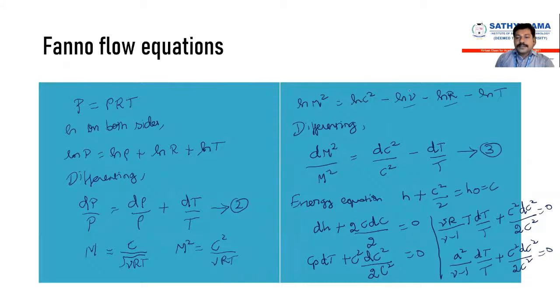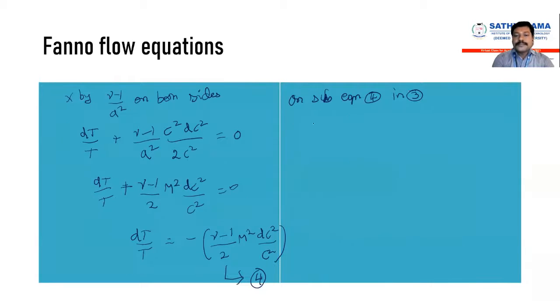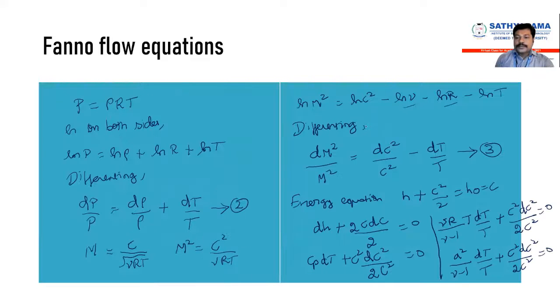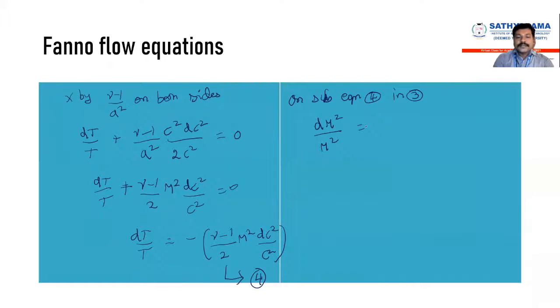On substitution, the third equation gives dM squared by M squared equal to dC squared by C squared, and then we have minus dT by T. Your dT by T is again minus, so we just add plus (gamma minus 1) divided by 2 M squared dC squared by C squared. On taking dC squared by C squared common outside, what you get is 1 plus (gamma minus 1) divided by 2 M squared.